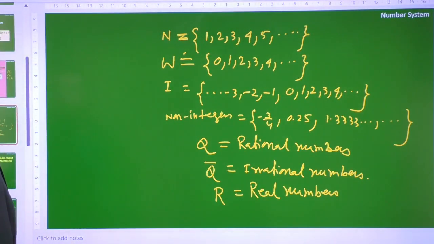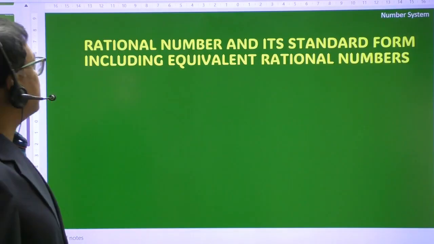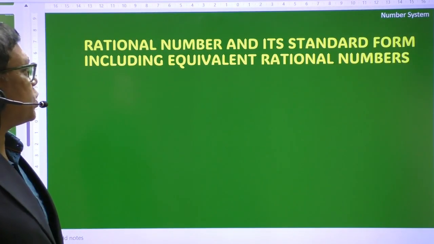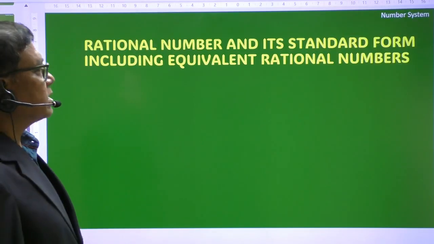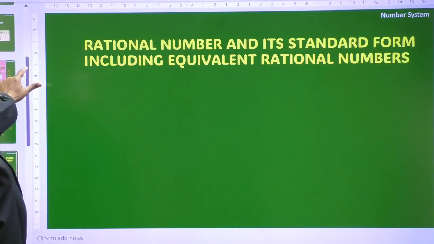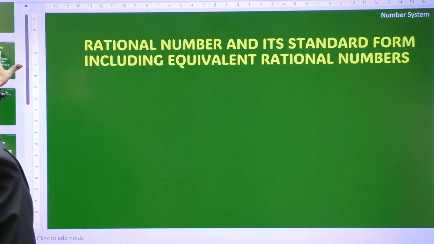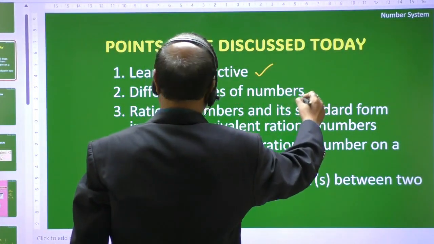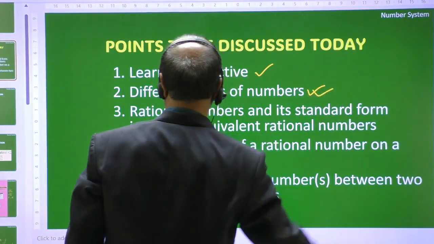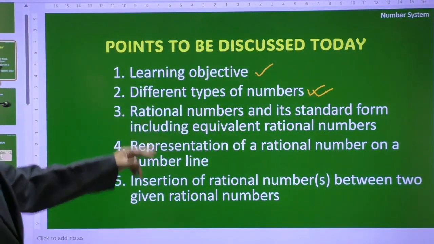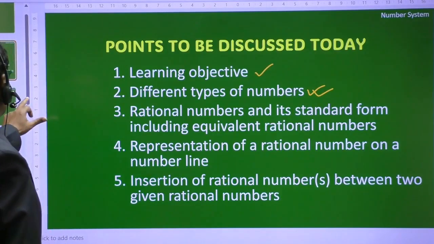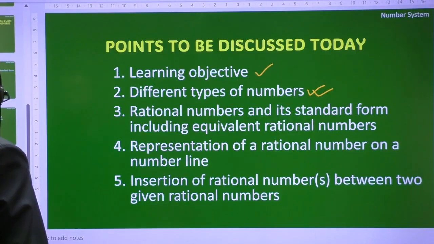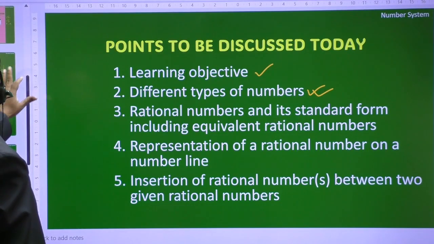So now I'll discuss the second point, rational numbers and their standard form, including equivalent rational numbers. I have discussed the learning objective and different types of numbers. Now I am going to discuss the third point, rational numbers and their standard form and equivalent rational numbers.